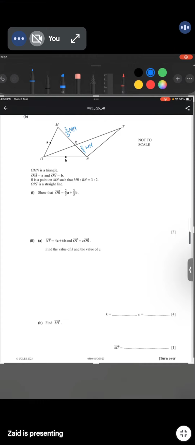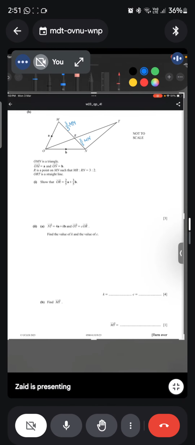First of all, let us calculate MN. Because we have to find OR, and OR is basically going to be a part. It's really easy. This 3 marker is really easy. So who is going to tell me what is going to be the expression for MN? Yes, please. Why am I choosing MN?